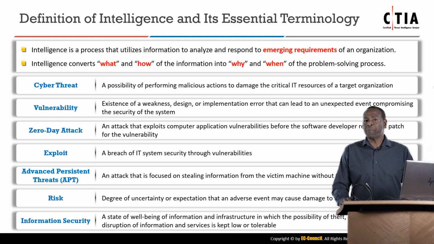So, bullet point number 1, intelligence is a process that utilizes information to analyze and respond to emerging requirements of an organization. So what we want to do is take the requirements that are changing throughout time.